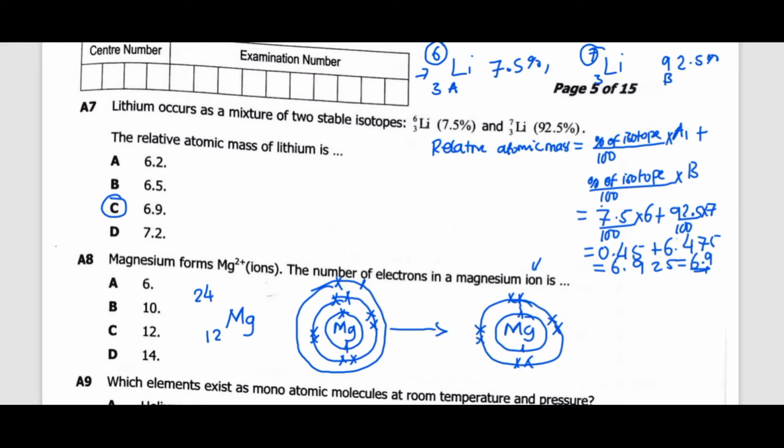After it has lost 2 electrons, it has attained the positive charge. This is now the magnesium ion. So from this, we can see that the 2 electrons were given out, so the remaining electrons must be 10. You just have to count the number of electrons in this ion. So we have our answer as B.